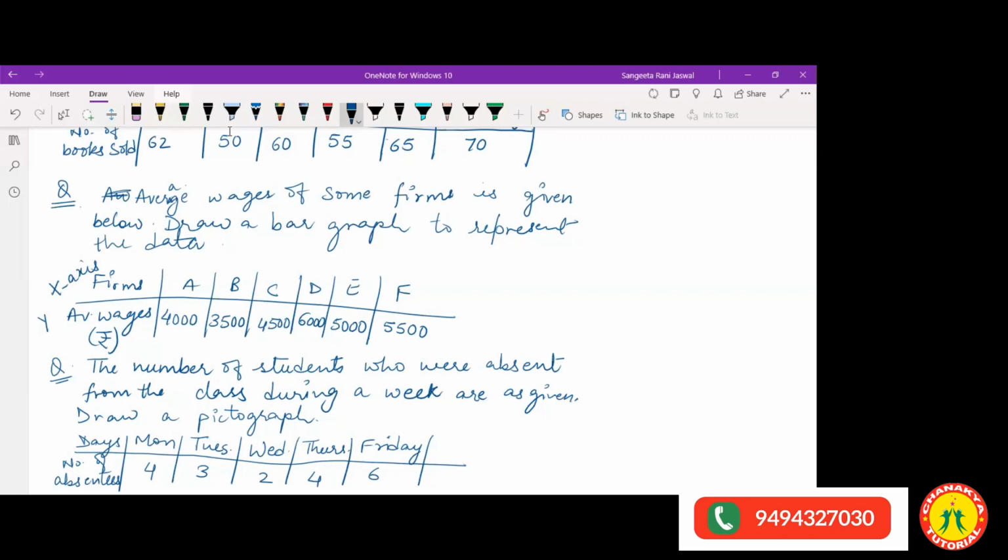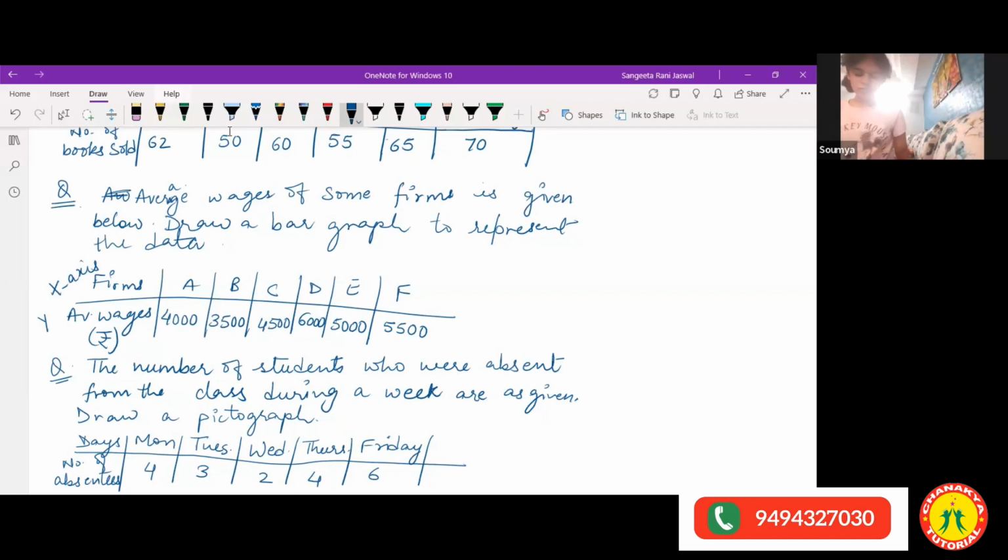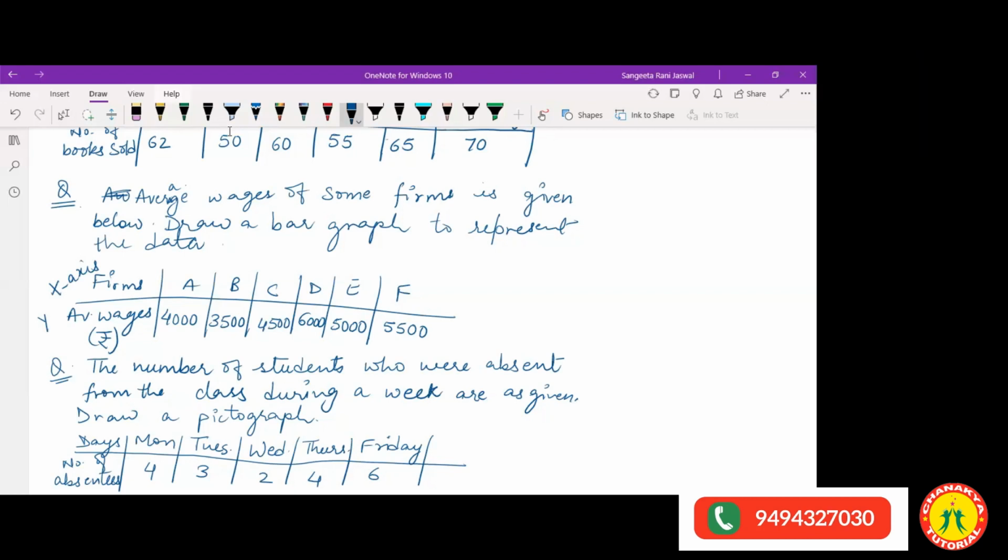So, Nahin, please write it x-axis. Write x-axis because when I see your graph, it's clearly showing that you have taken firms on the x-axis, but you have written y-axis.